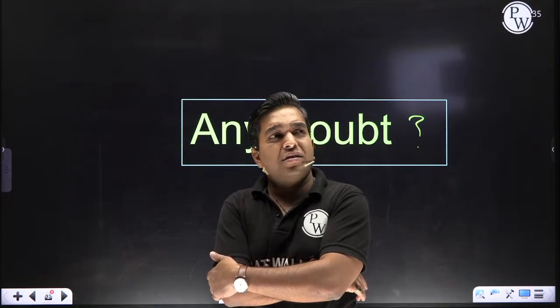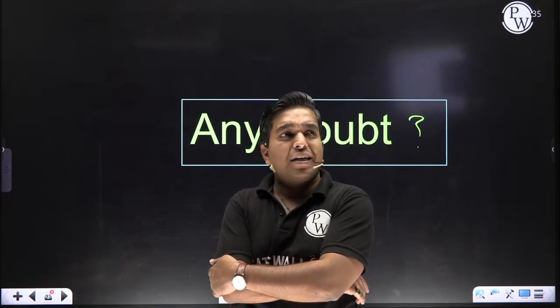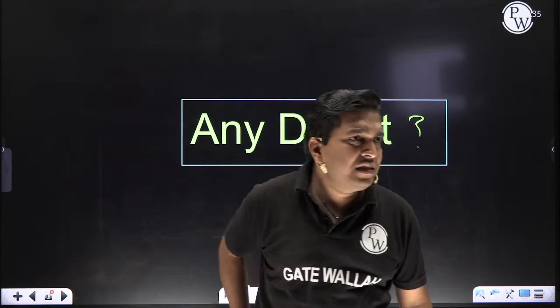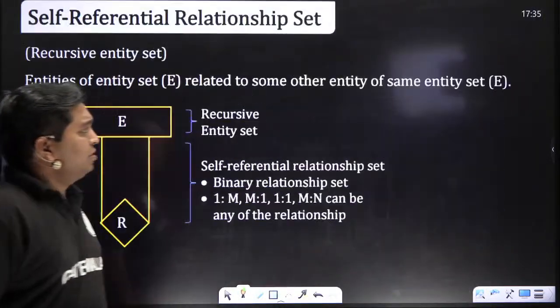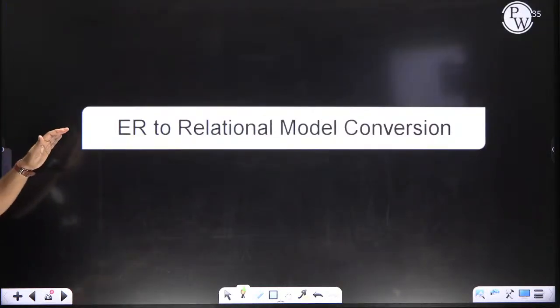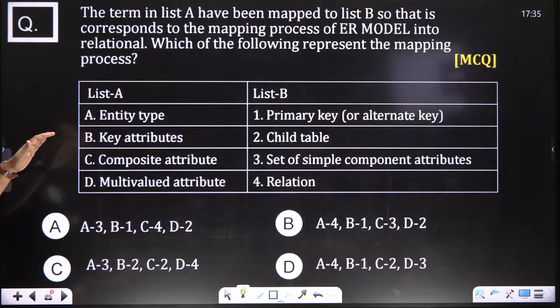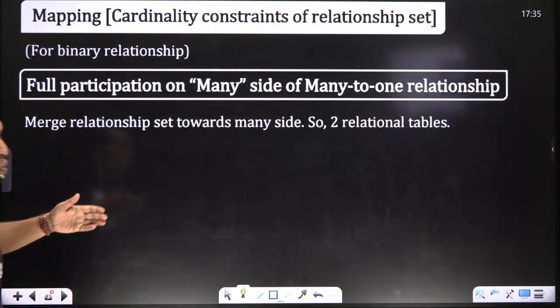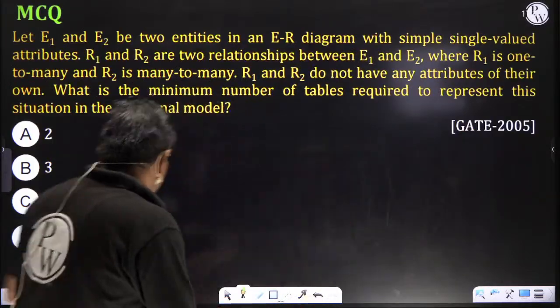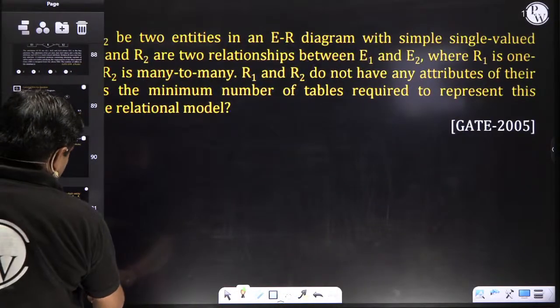What was not discussed? Which topic was not discussed? We didn't discuss this topic, AR to RDBMS? Then you should have said so in the beginning when I was writing it here.